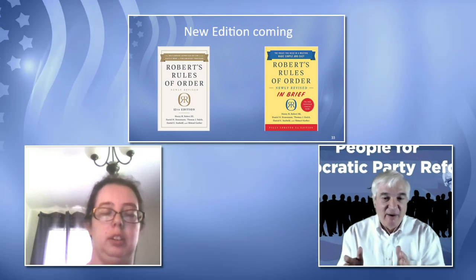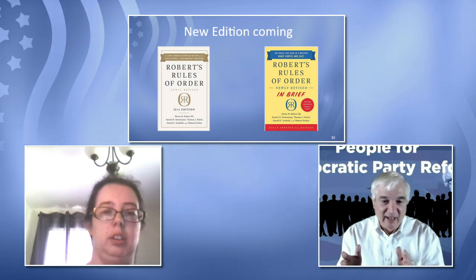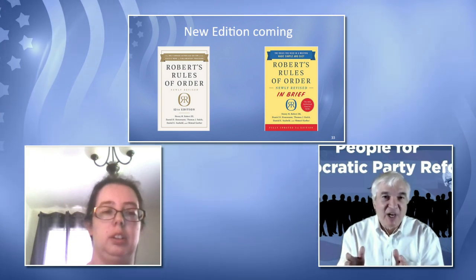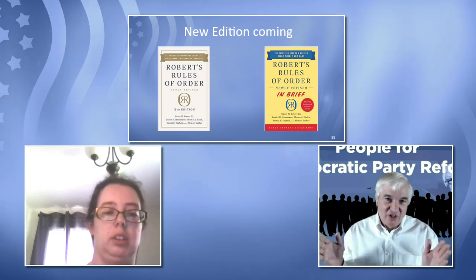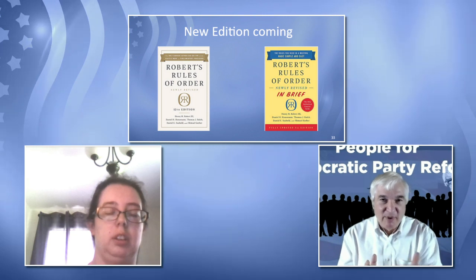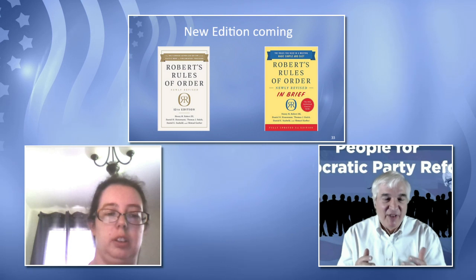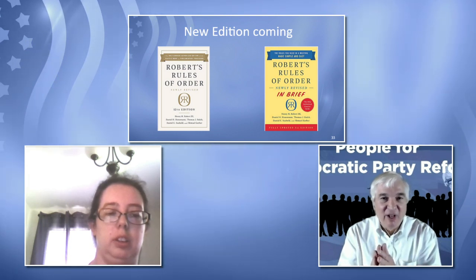If they've documented things that are just absolutely inappropriate and stretching the rules beyond all recognition, then there is an ethics committee within the National Association of Parliamentarians that you can refer them to, because their role is really to enable democracy.